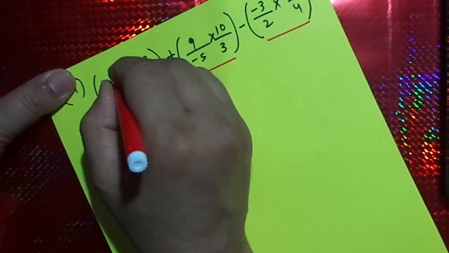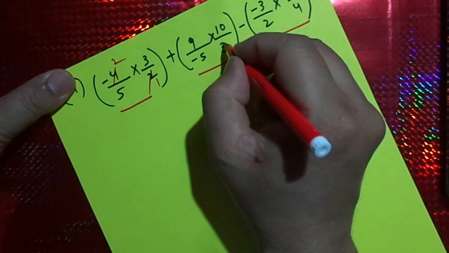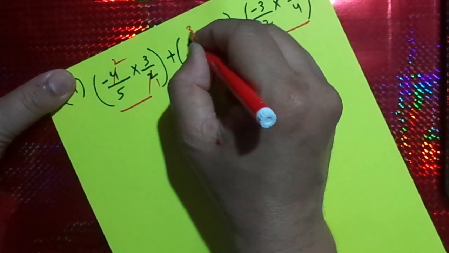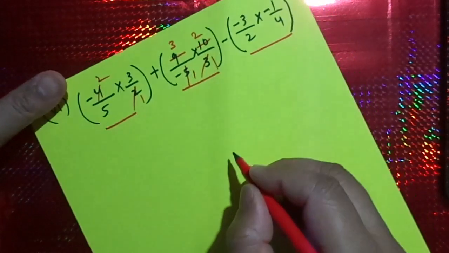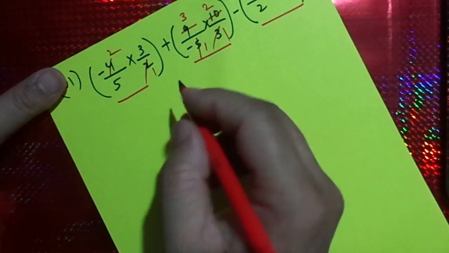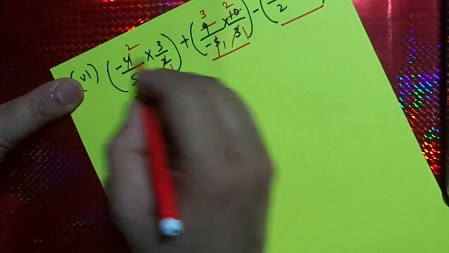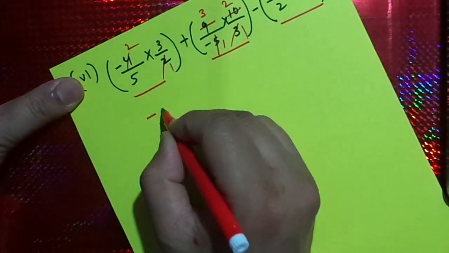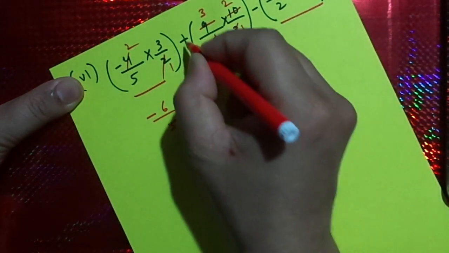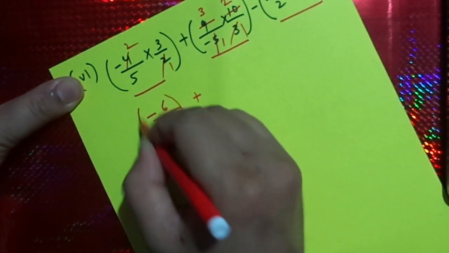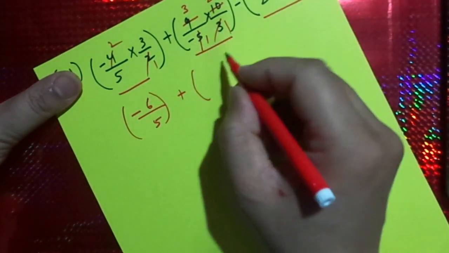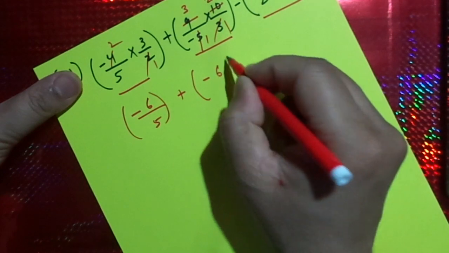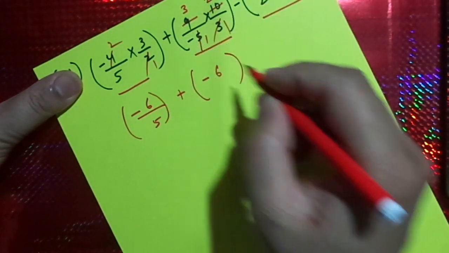2 ones are 2, 2 threes are 6, 5 ones are 5. I am enjoying this more than you people. So here we have minus 6 by 5 plus, I am going to give this plus because I am scared of this minus sign, minus 6 by 5, and minus is over here.